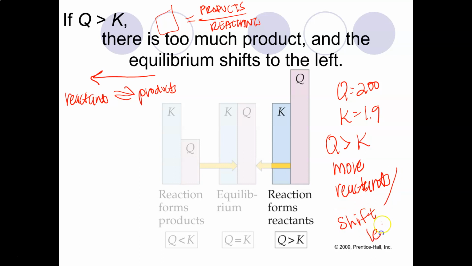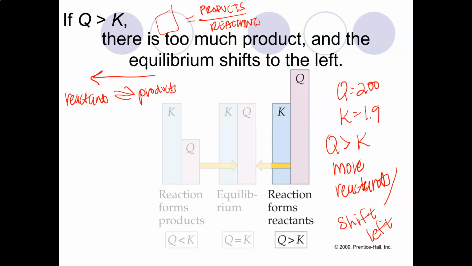I'm okay with either answer. If in your question you found out that Q was 200 and K was 1.9, I would ask, is this reaction at equilibrium right now? And we would say no, because Q and K are different numbers. And then I would say, what needs to happen for the reaction to get to equilibrium? And your answer could be either it needs to make more reactants or it needs to shift left. Both of those are correct.